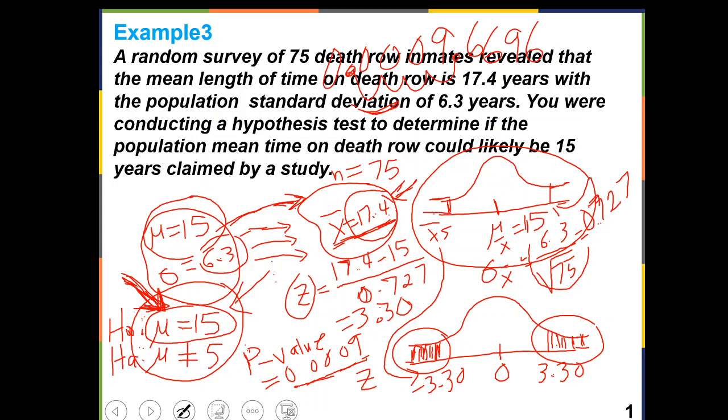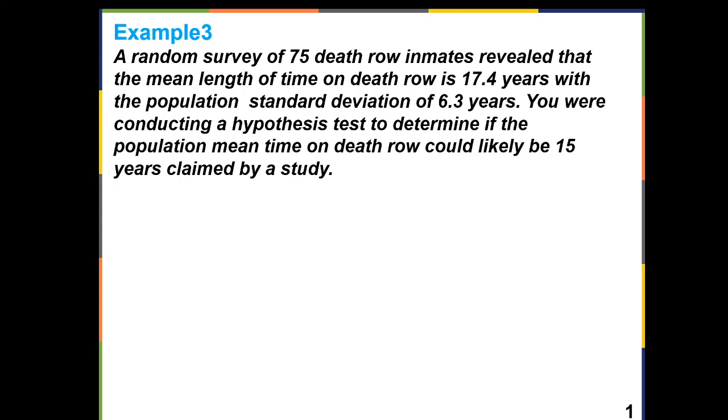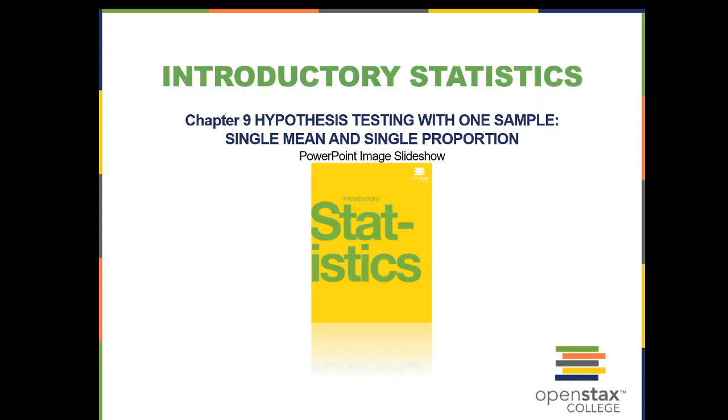And then we're going to talk about what types of errors are involved here. Can we make mistakes? Yes, we can make mistakes. So what's the probability that we're going to make mistakes? We're going to do all that in this chapter. Okay? So let me erase all that and start the chapter.